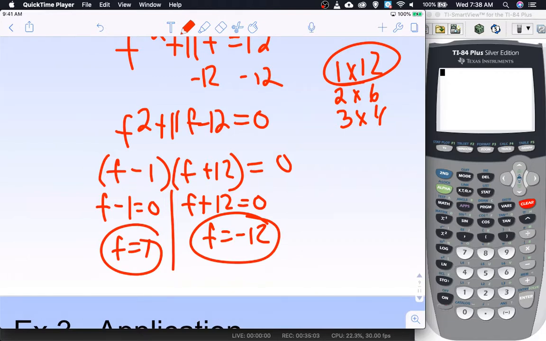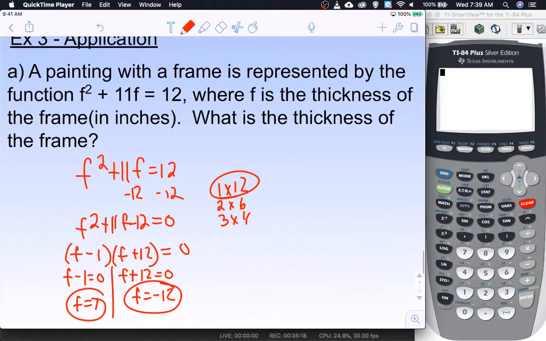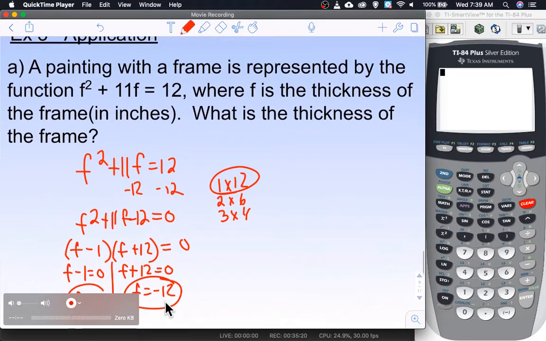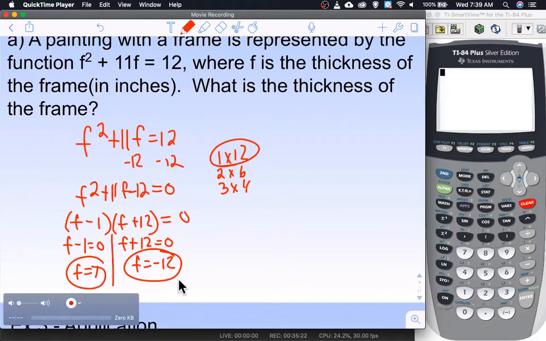Now, we got 2 different answers. And you're probably thinking, how can a picture frame have 2 different widths? It can't. One of these answers makes absolutely no sense. It's the negative one. You've never seen a picture frame that has a thickness of negative 12 inches. Lengths aren't negative numbers.